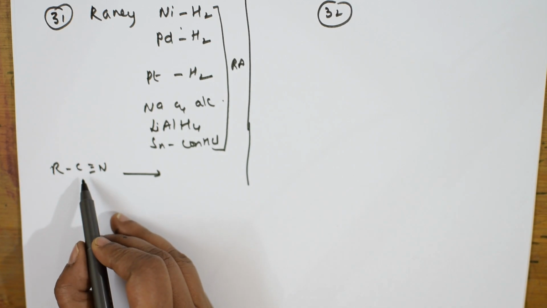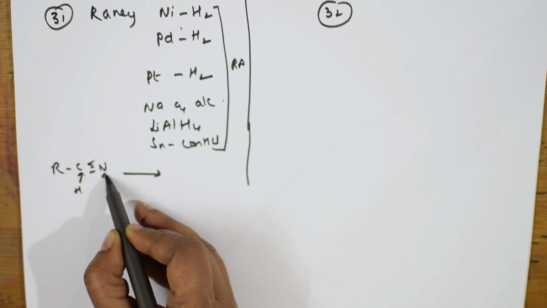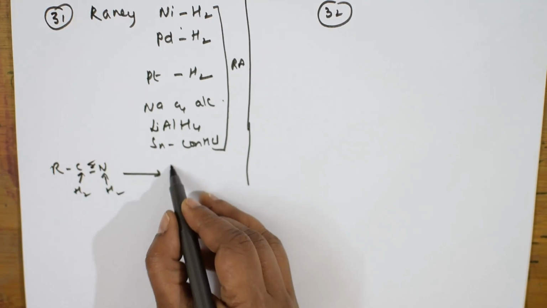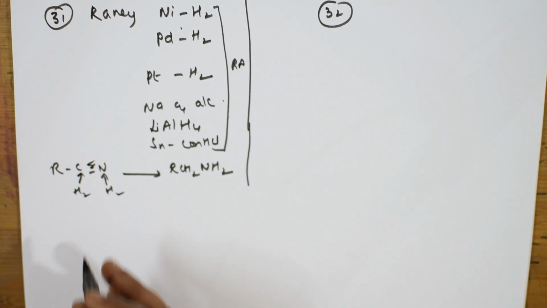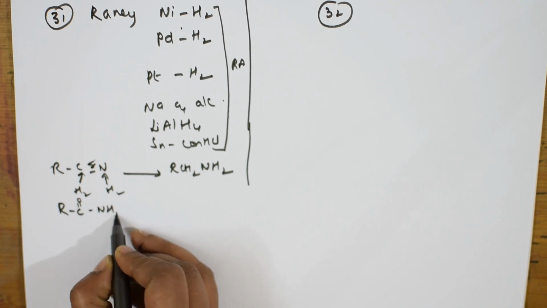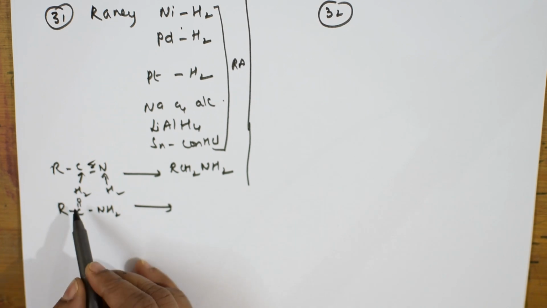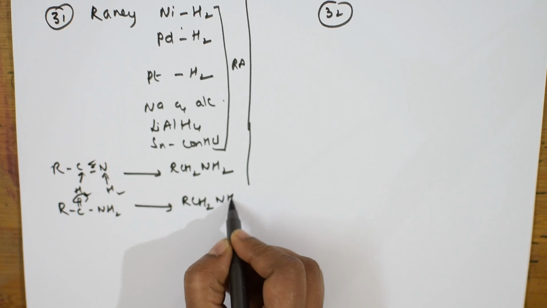They're going to add hydrogen, this bond is broken, one hydrogen is added here and one more bond broken, one more hydrogen, you get RCH2NH2. Suppose you have an amide like this, RCONH2, with the same reducing agent, lithium aluminum hydride. See here, this oxygen is removed and you'll be getting RCH2NH2.